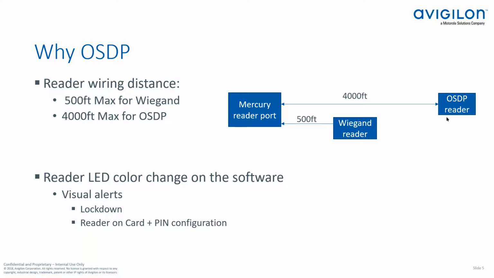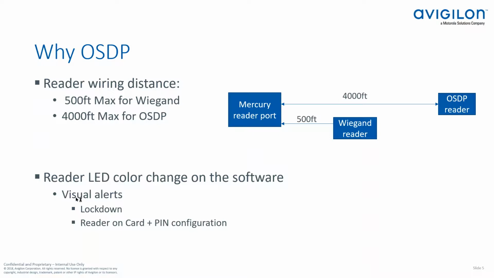Another advantage with OSDP, as I mentioned a little bit before, is that I can now control the reader color from the software, from the access control, not just through wiring. Today, if you do Wiegand, you basically have two color options. You either do red and green, or maybe green and yellow, or red and yellow, depending on the reader and how you wire that Wiegand.